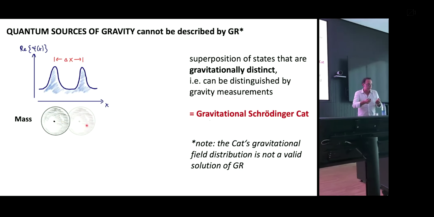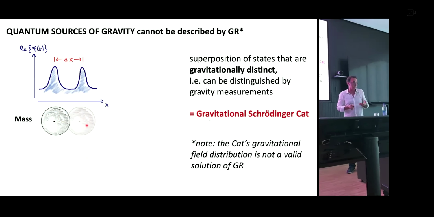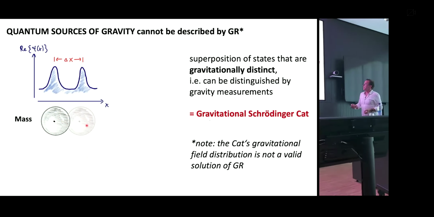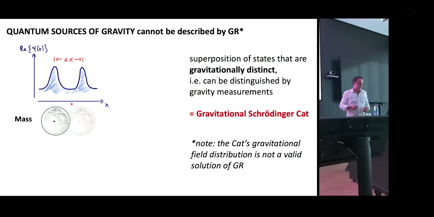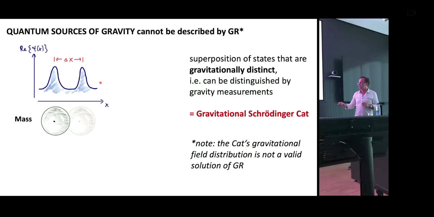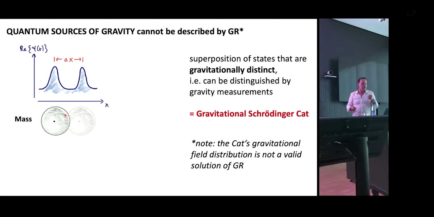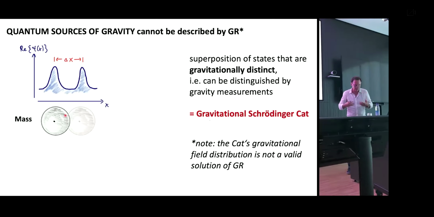So what we have now is a superposition of gravitationally distinct states, meaning that the two possible states of the system can be distinguished through a gravity experiment. So let's call that a gravitational cat state. Note already that the gravitational field distribution that such a cat produces is no longer a valid solution of Einstein's field equation, so of a classical field theory of gravity.